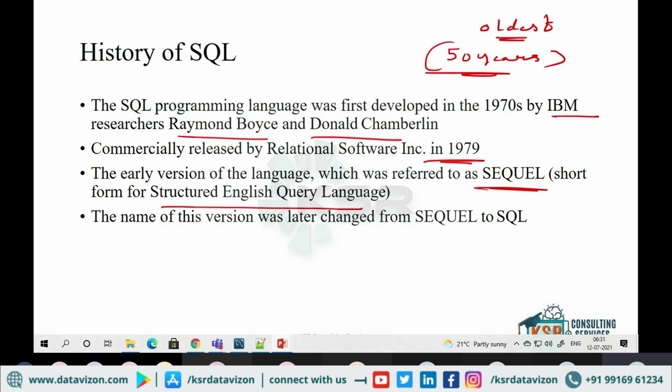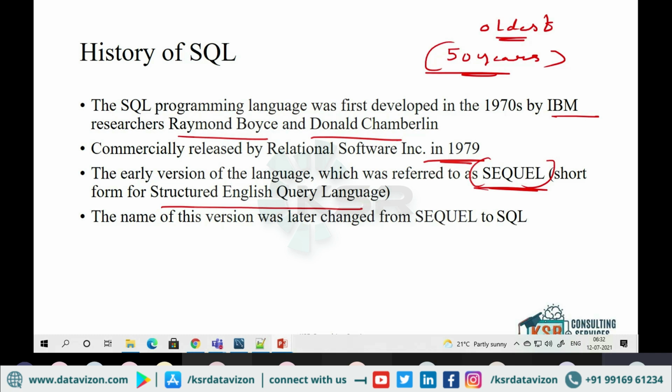Okay, then what happened, if you remember, this was named 50 years back. After that they came up with something called a copyright issue. There was already a program, a serial, which was already named SQL. They didn't want to keep the same name for a serial as well as a technology.